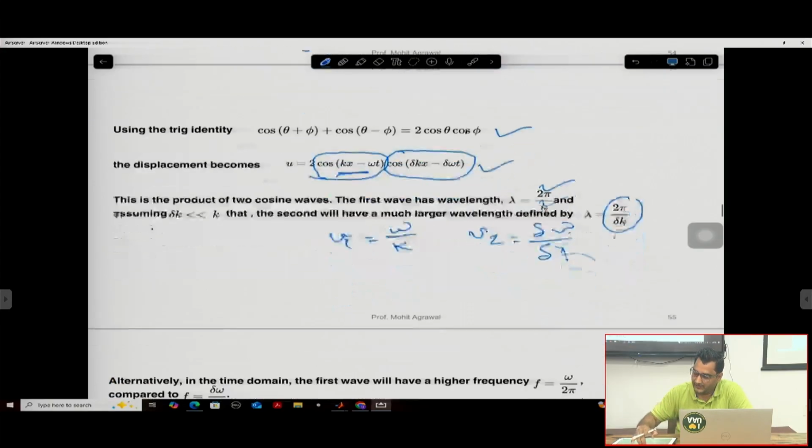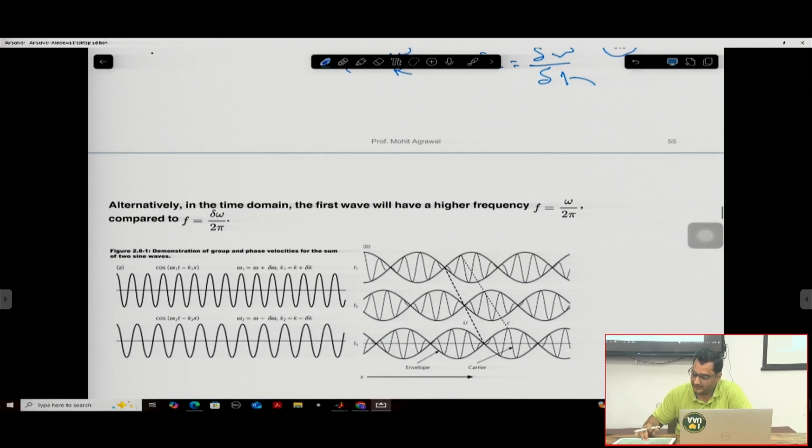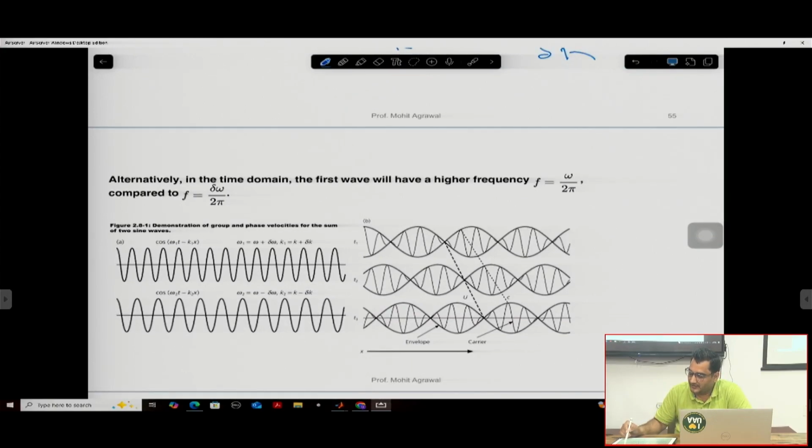Now if you look at it in pictorial format, it may look something like this. You can see there is one envelope wave like this which is traveling, and there is a carrier wave which has a larger frequency than the envelope wave.